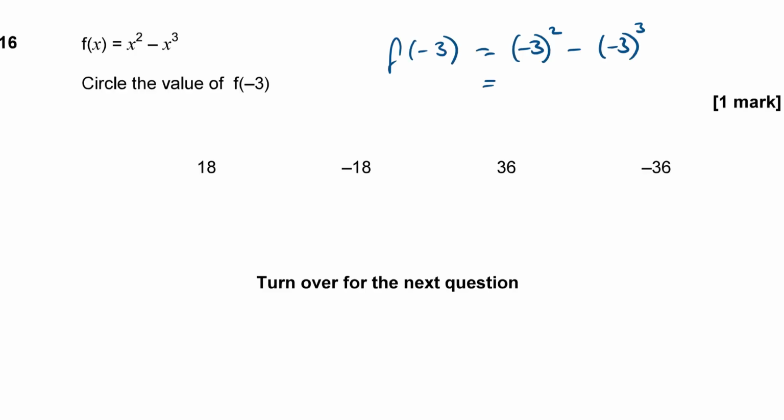Negative 3 times negative 3 is positive 9. Subtract negative 3 cubed, negative 3 times negative 3 times negative 3. Negative times negative is positive, times another negative is negative again, isn't it? So it's negative 27. So 9 minus negative 27. And taking away a negative is the same as adding. So 9 plus 27 is 36. It's that one there, isn't it?